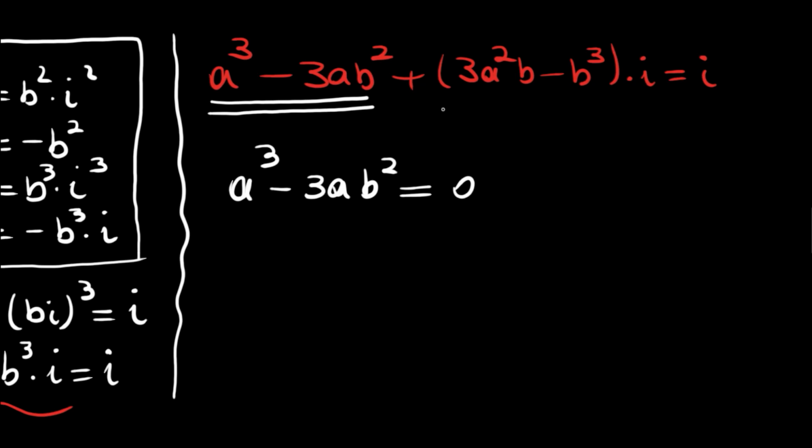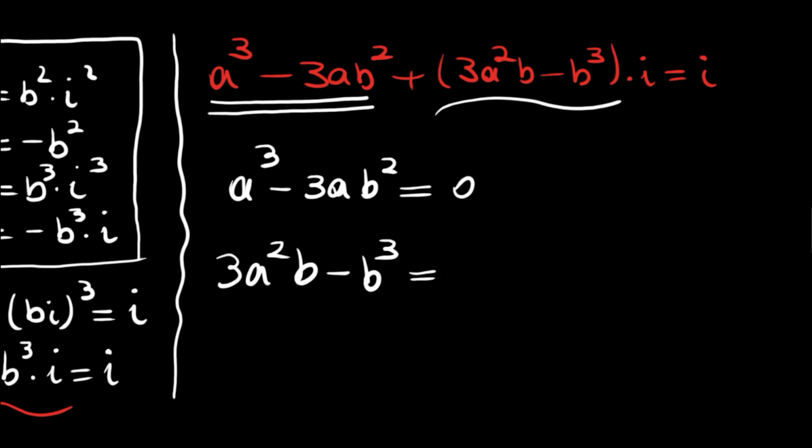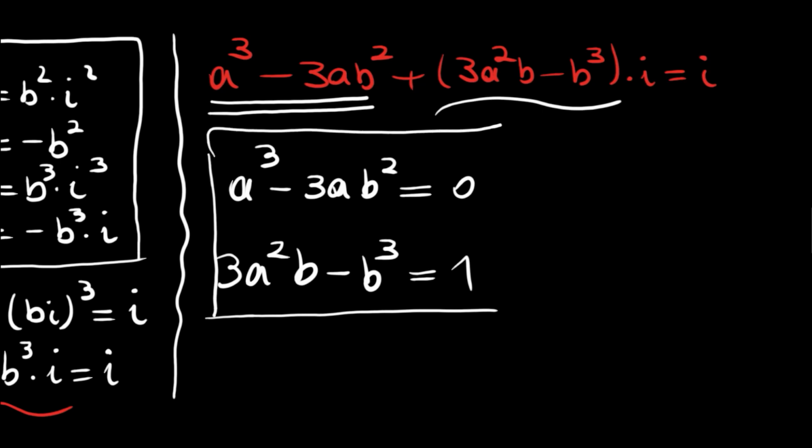And the imaginary part of the left hand side, which is 3a squared b minus b cubed, is equal to the imaginary part of the right hand side, which is 1 times i.